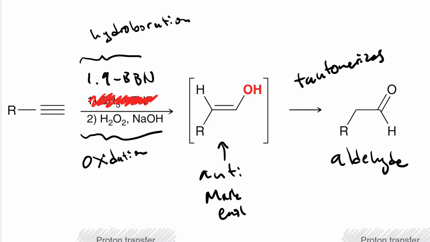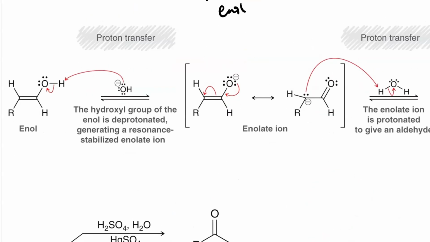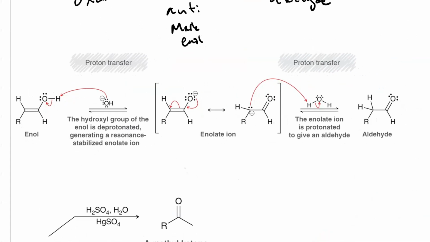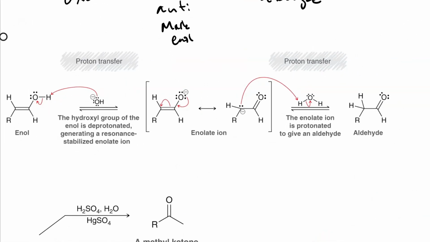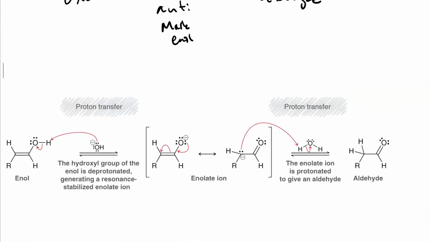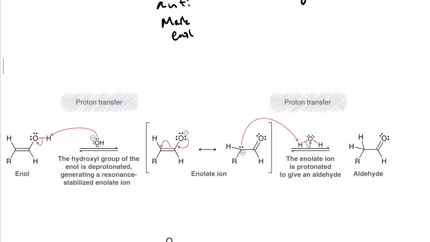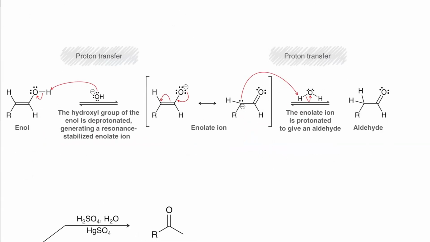Now, this is not acidic conditions, so the tautomerization takes place via a different mechanism. First, hydroxide deprotonates the hydroxyl of the anti-Markovnikov enol.